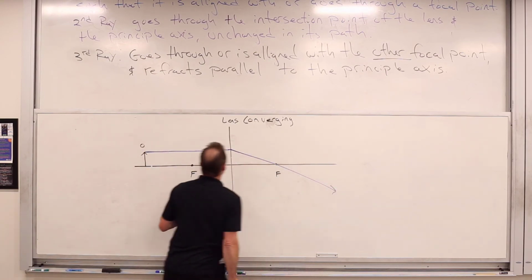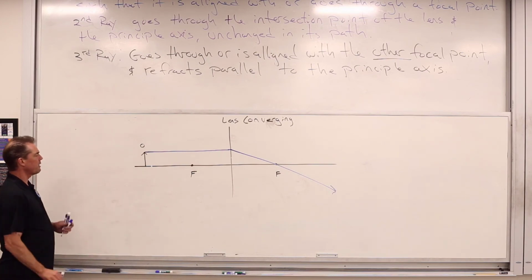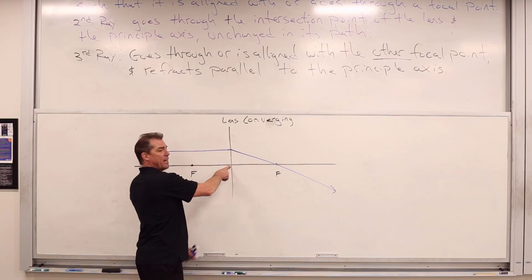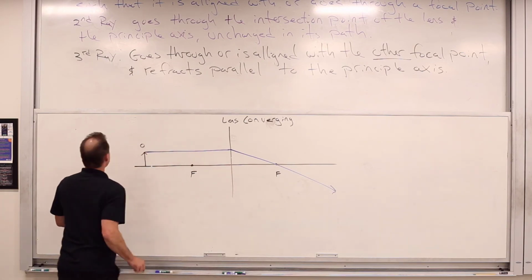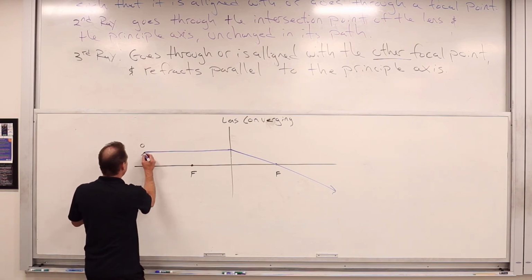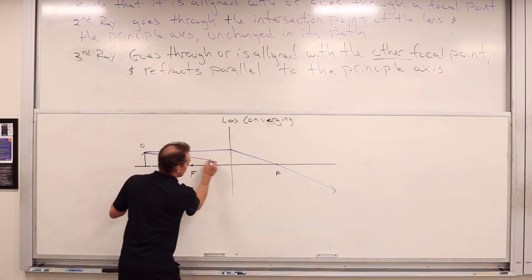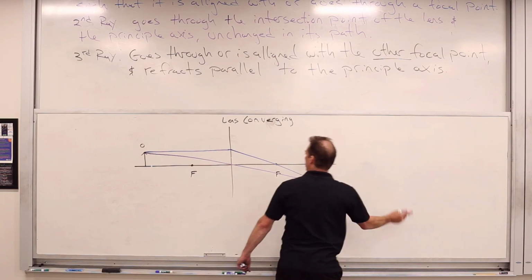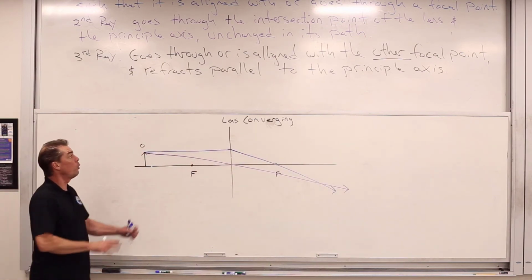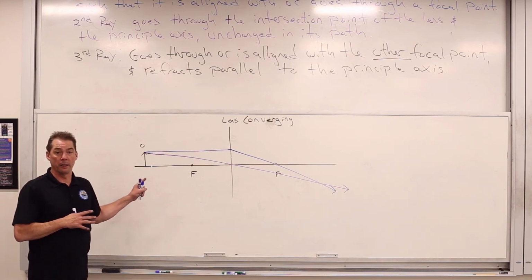Ooh, there we go. Keeps on going. The second ray goes through the intersection point of the lens and the principal axis itself. So I'm just freehanding this out and get it done quick. Ultimately, something like that. Then the third ray goes through or is aligned with the other focal point.